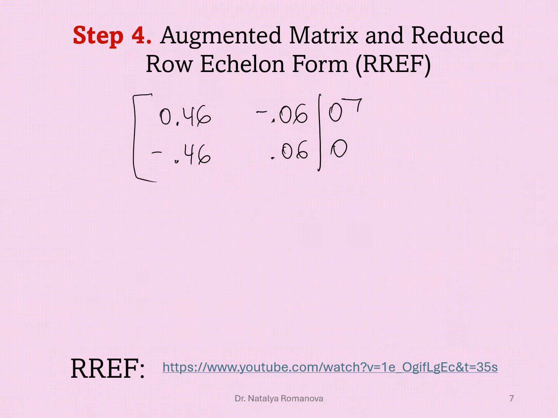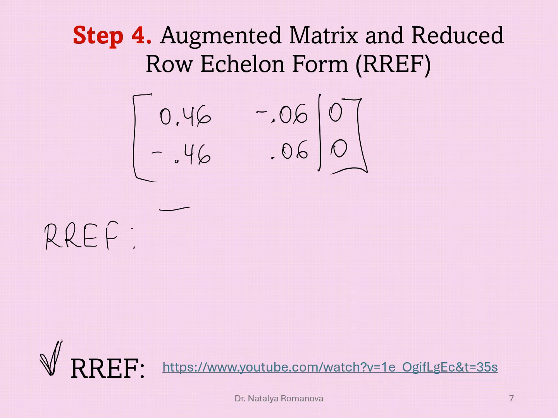This is the augmented matrix. Now we have to find the reduced row echelon form for the system from step 3. I use technology to find it. This video reminds you how the reduced row echelon form can be found using a graphing calculator.